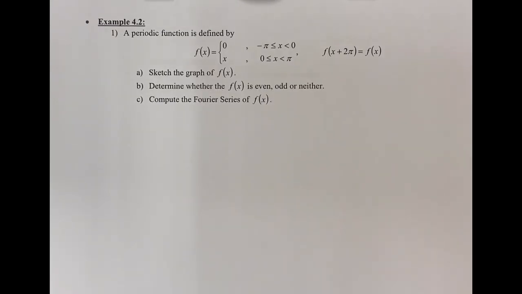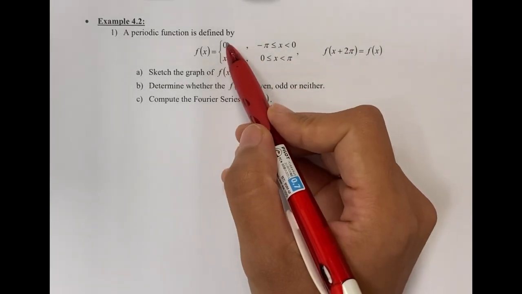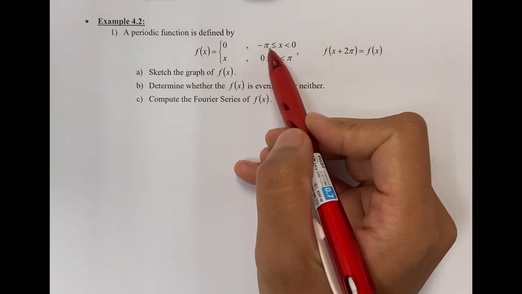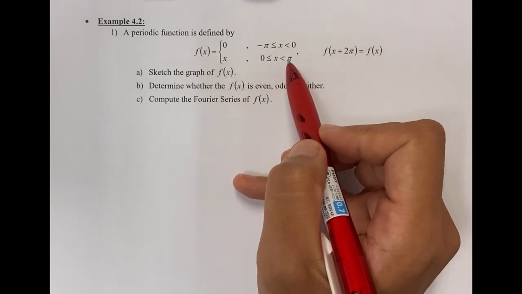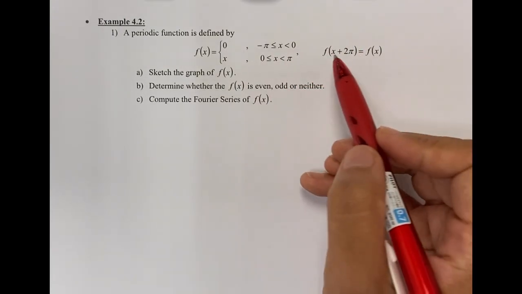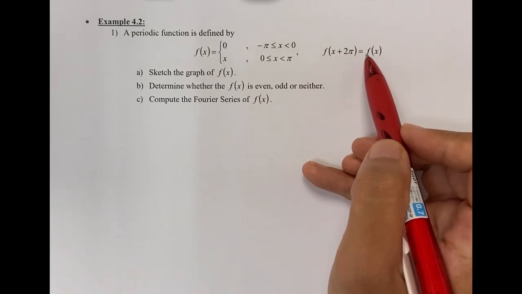We have 3 examples in example 4.2. Question number 1: a periodic function is defined by f(x) equal to 0 for the interval negative pi to 0, and x for the interval 0 to pi, with f(x plus 2 pi) equal to f(x).